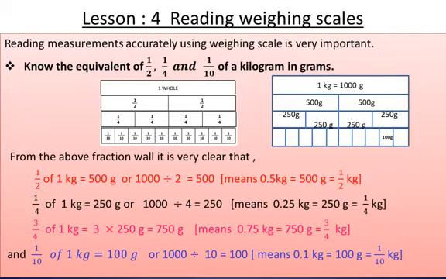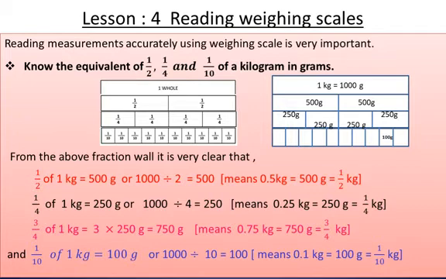From the fraction wall, it is very clear that half of 1 kilogram equals 500 gram. Or we can find it by the fraction of an amount method that we learned in earlier chapters. How will we find it? 1000 divided by 2 is 500.